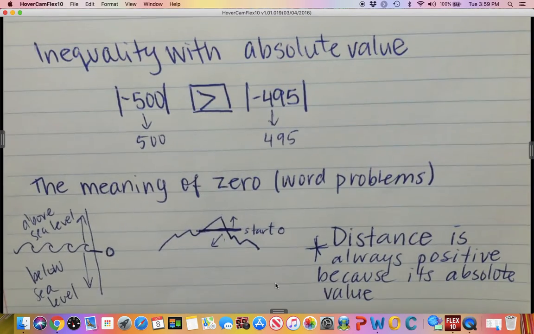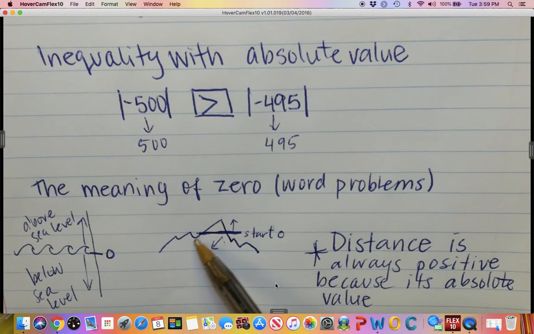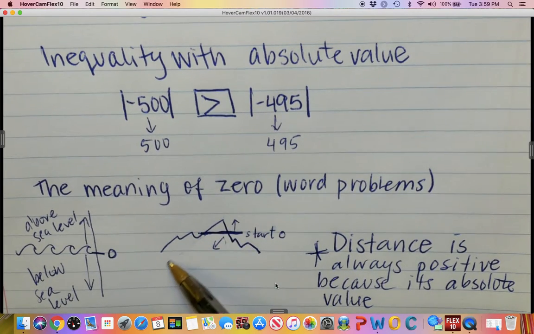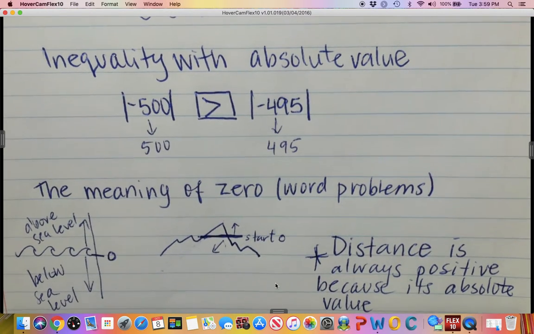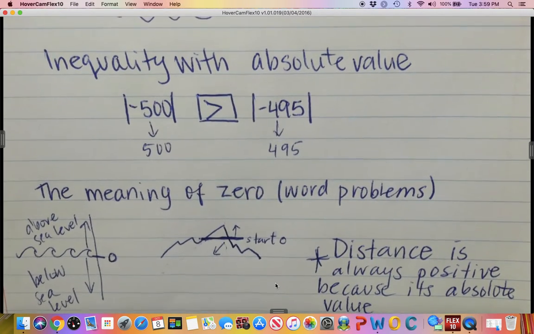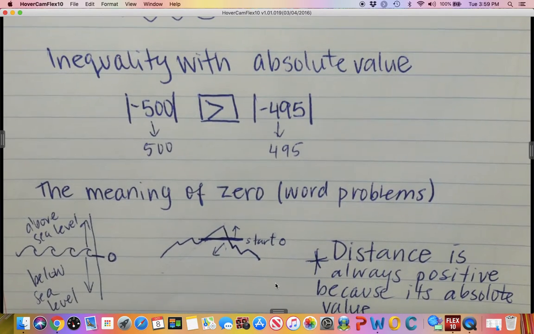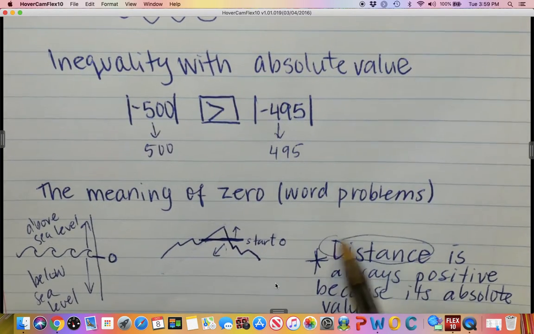I can say my integer represented by hiking down, my integer is -5. I hiked 5 miles down. My integer represented by that would be -5. However, the distance is still just 5 because that's how far I went. That was a distance.